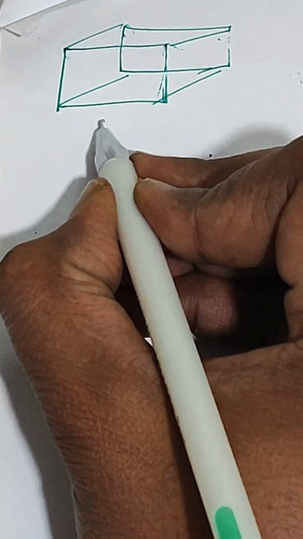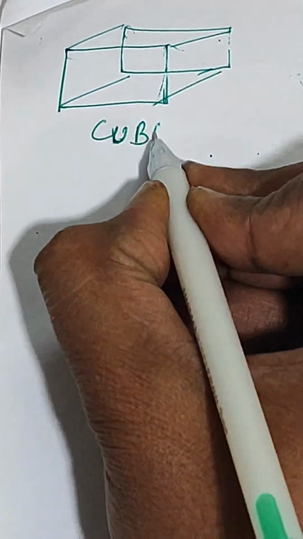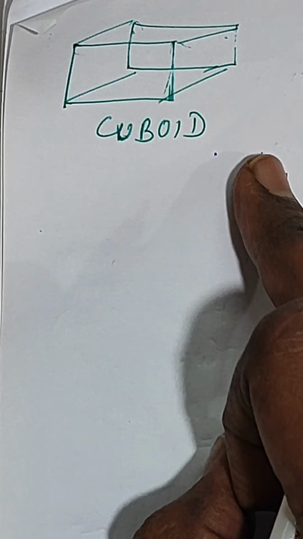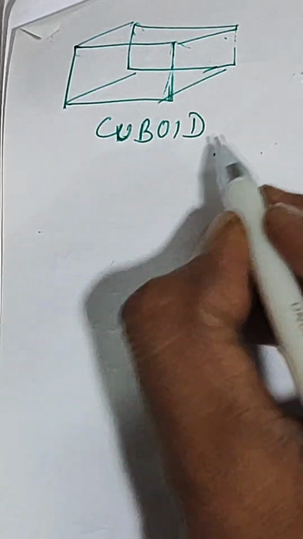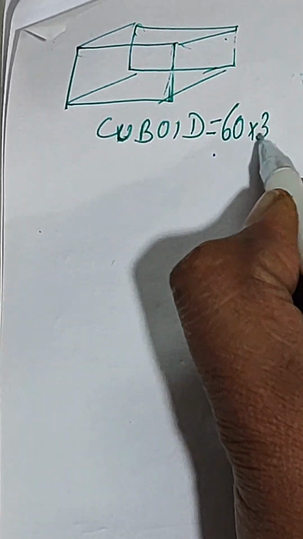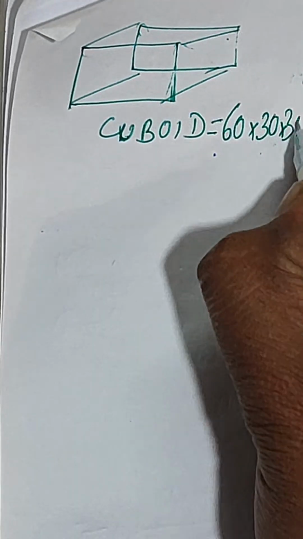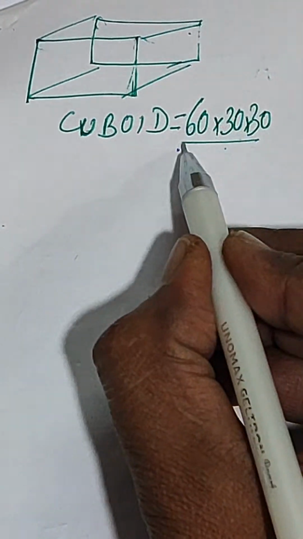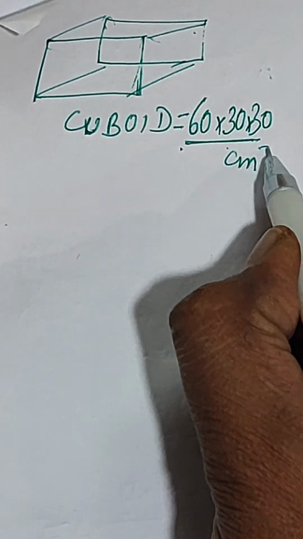It's given that a cuboid cartoon measures 60, 30, 30. That means the dimensions of this cuboid are given to you as 60 into 30 into 30. These are the given dimensions in centimeter cube.